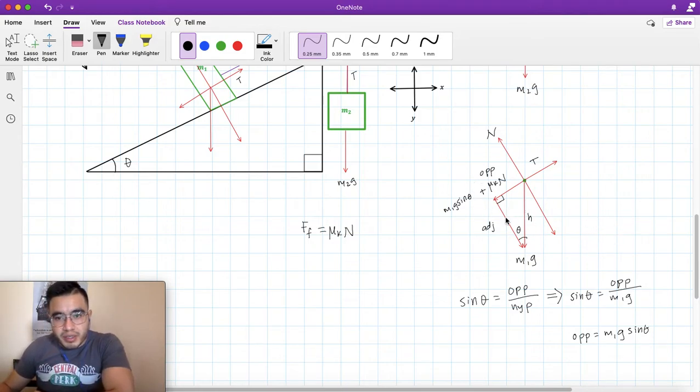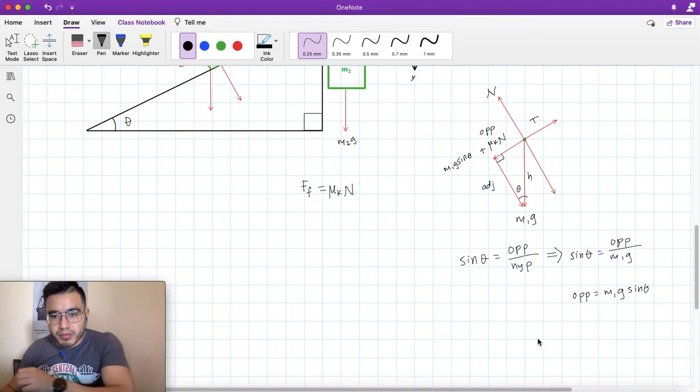Now let's find the adjacent side, which will correspond to the force acting against the normal. So cosine of theta is adjacent divided by the hypotenuse. We'll do the same thing.